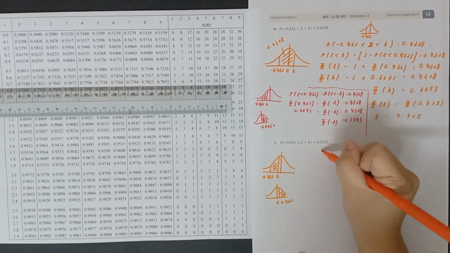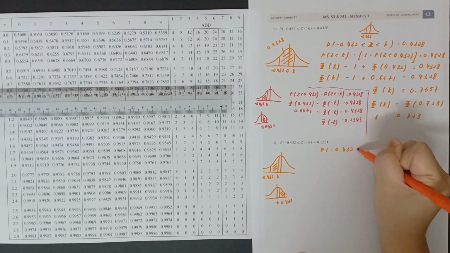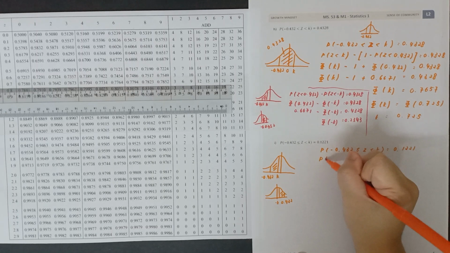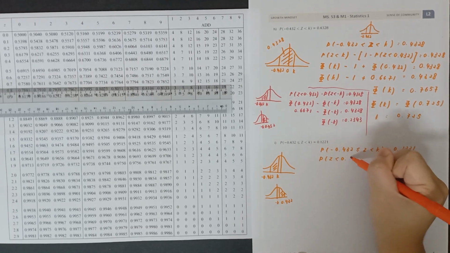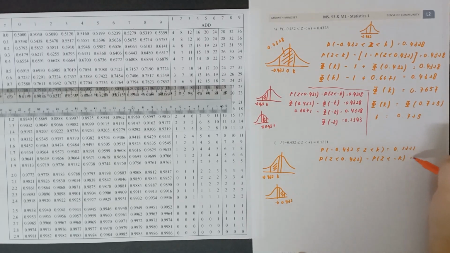Okay, so I'm going to continue. Probability negative. So I will use the probability z smaller than 0.432 minus the probability z smaller than negative k.